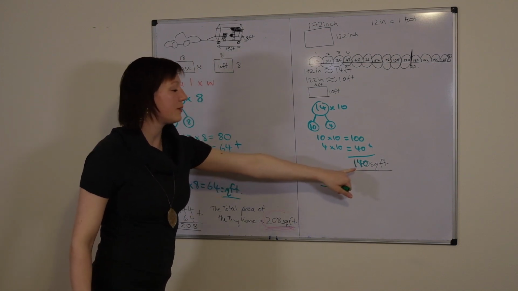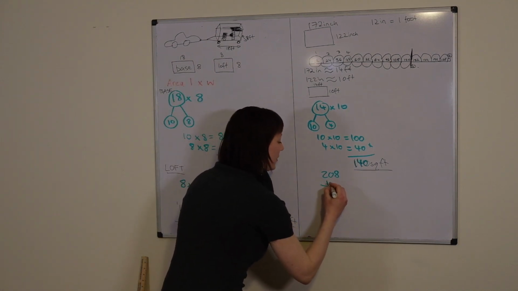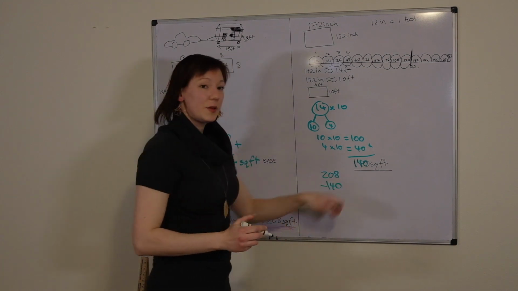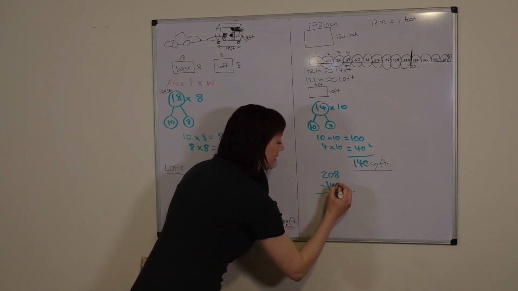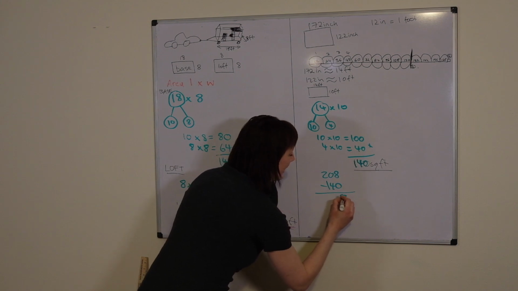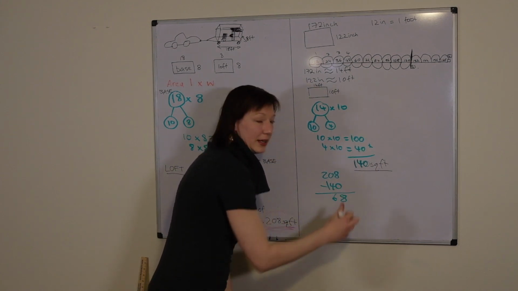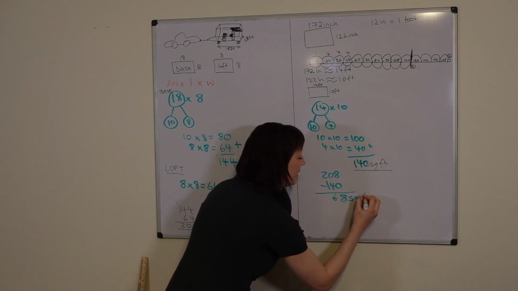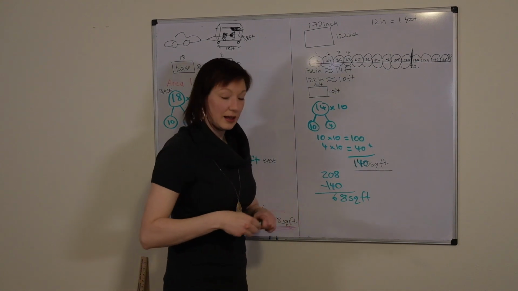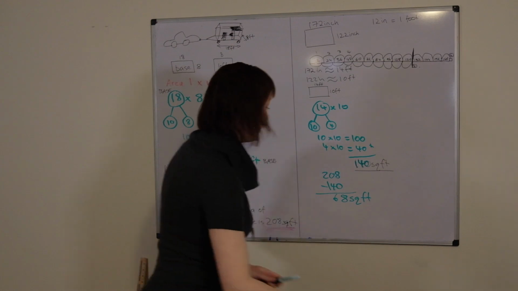So 208 minus the square footage of the bedroom. 8 take 0 is 8. 20 take 14 is 6. 68, we're working in square feet. Square feet.